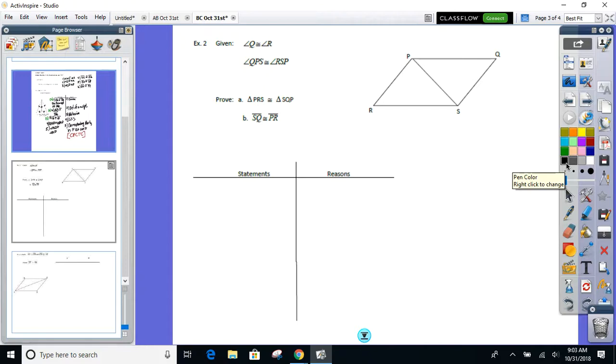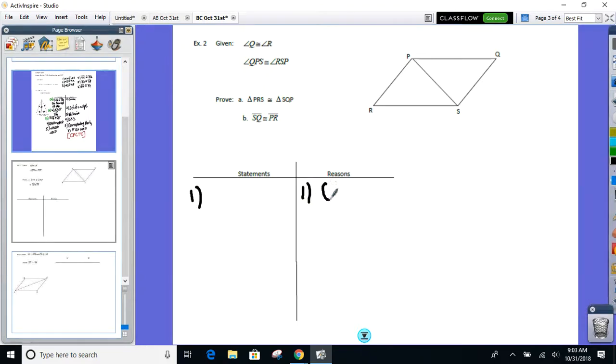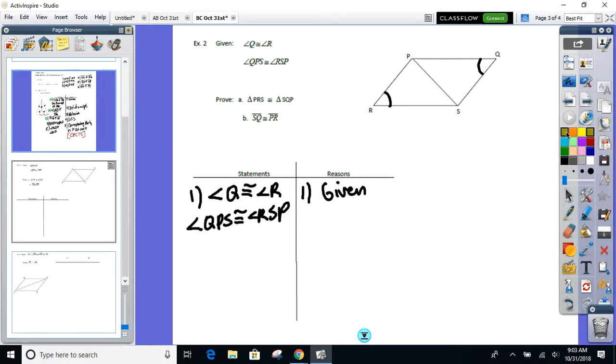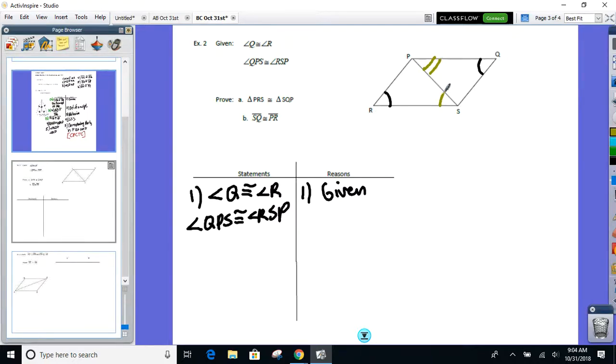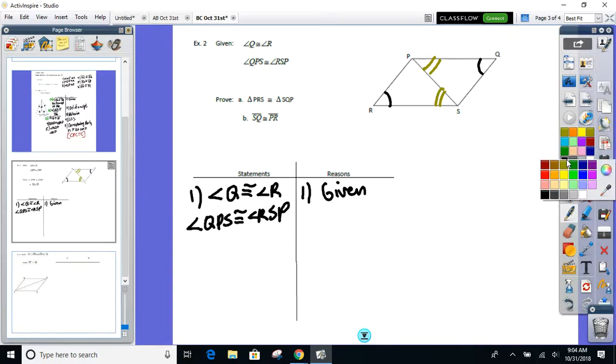Prove the triangles congruent first. I gave you a lot here, huh?